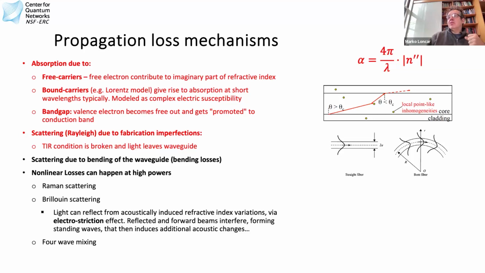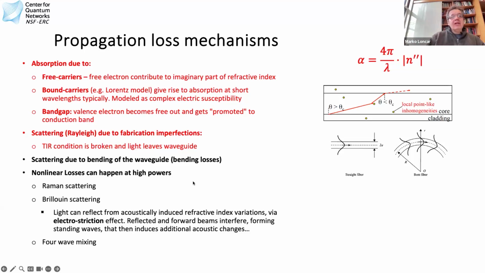Maybe it's not really SiO2, maybe it's SiOx, or maybe it has a little more silicon, a little less silicon. All of these defects and impurities can introduce additional losses. So that's another thing you need to control. This would be fabrication-induced absorption. It's extrinsic, right? It shouldn't be there, but it's there.